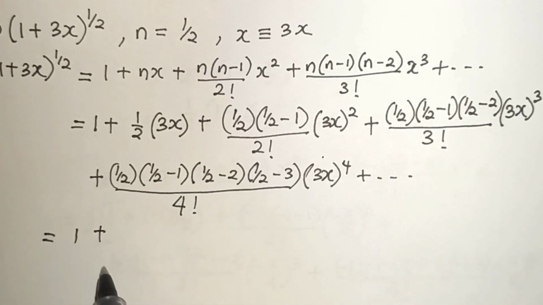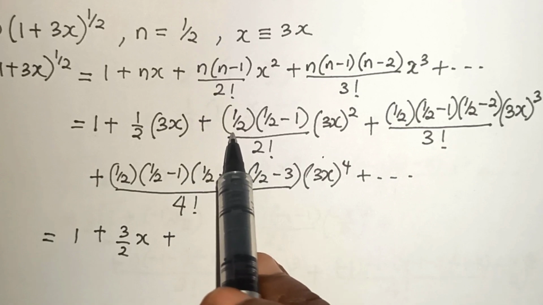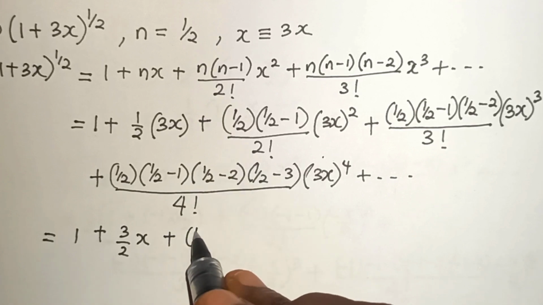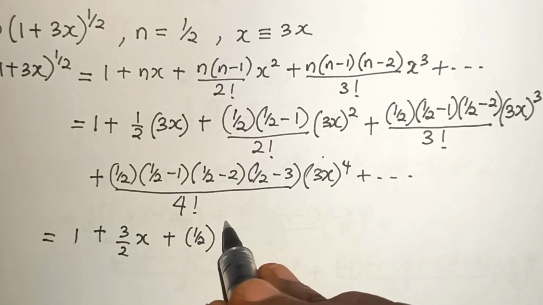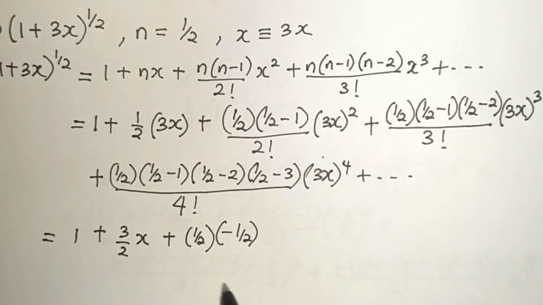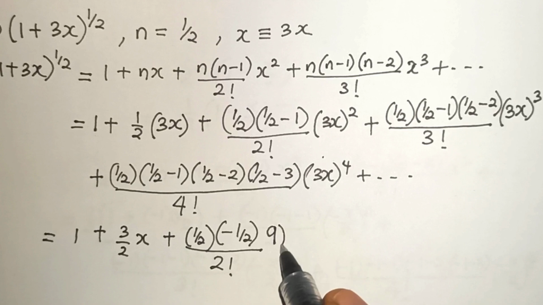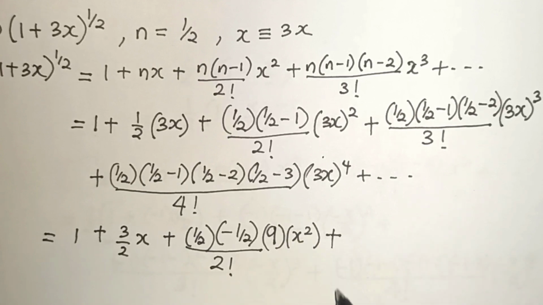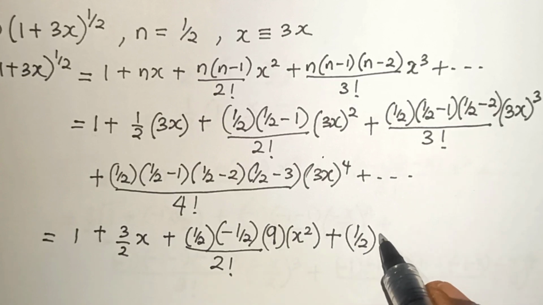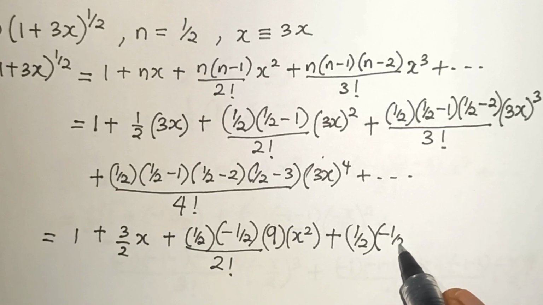1 plus 3 over 2x plus, here we have half times half minus 1 is minus half divided by 2 factorial, 3x squared gives us 9x squared, plus next term is half into minus half.